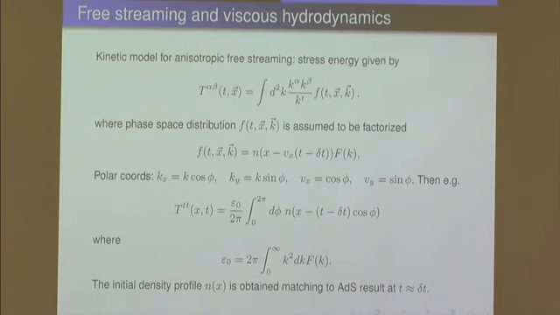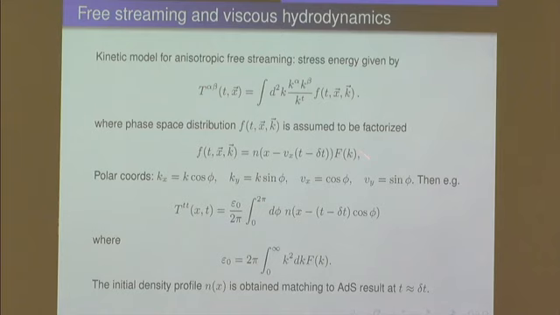So there's some density profile which time evolves, and then some form factor. Again, in keeping with the previous picture, we take the evolution to be just in the x direction. Free streaming means just that the distribution stays the same, and it's just the location of the peaks that's moving.